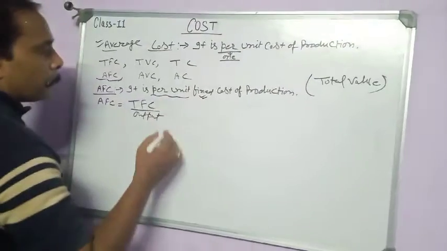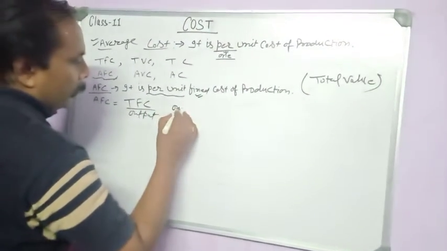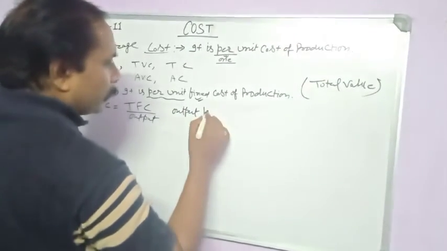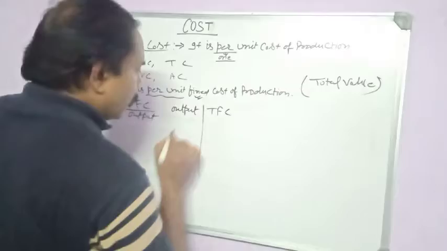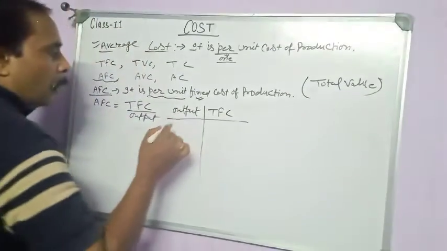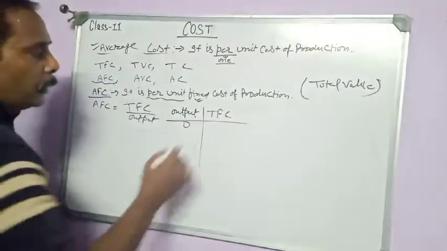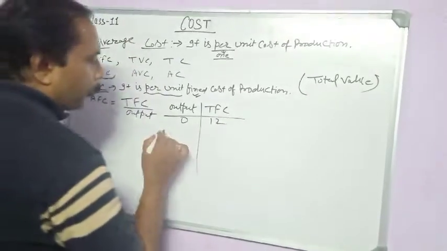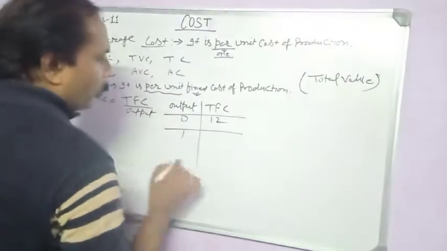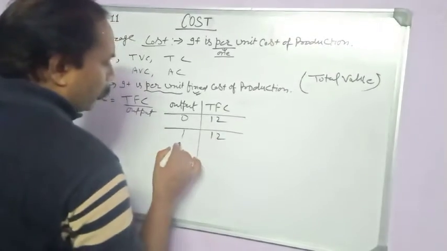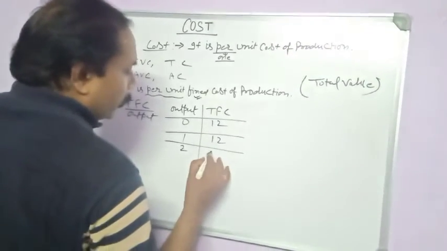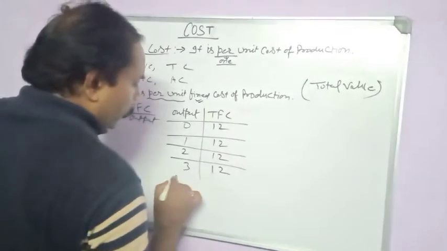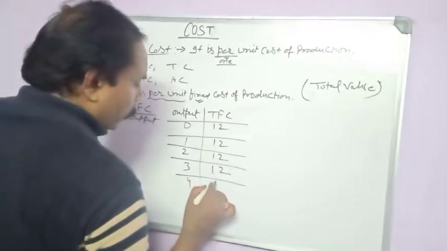So in the previous video I have taken output, next I have taken the TFC. Clear? And the value was, when the output was 0, the TFC was 12. When production was 1 unit, again it was 12. When it was the second unit, again it was 12. Third, 12. Fourth, 12.